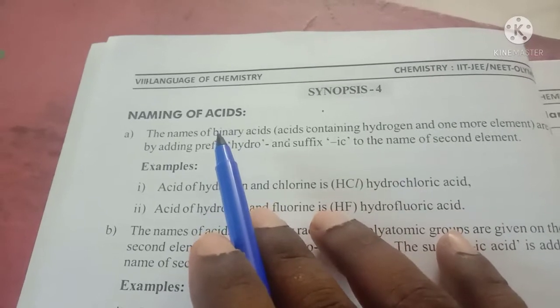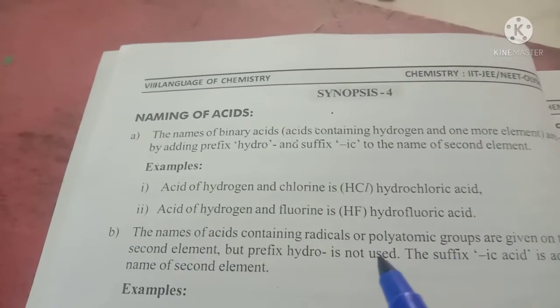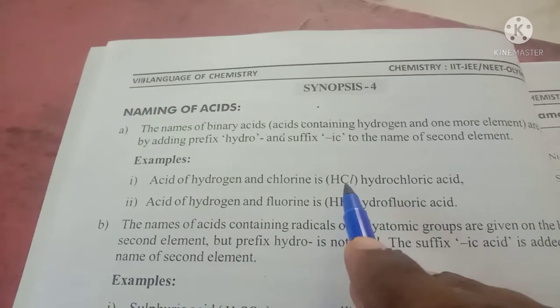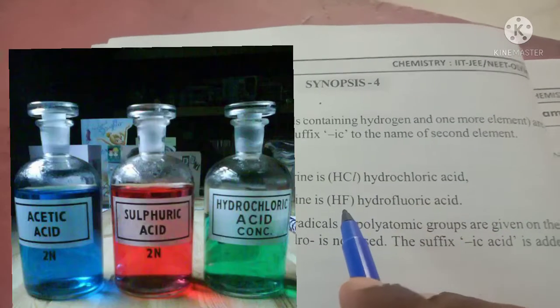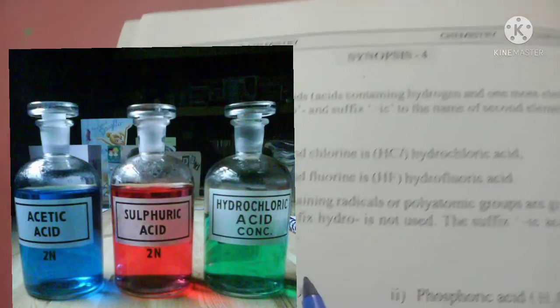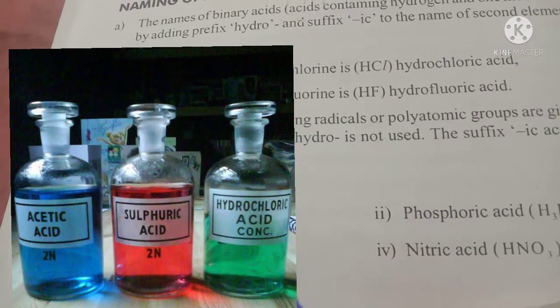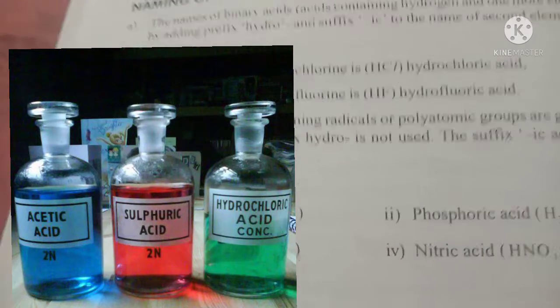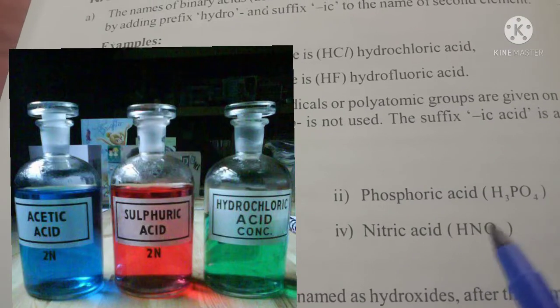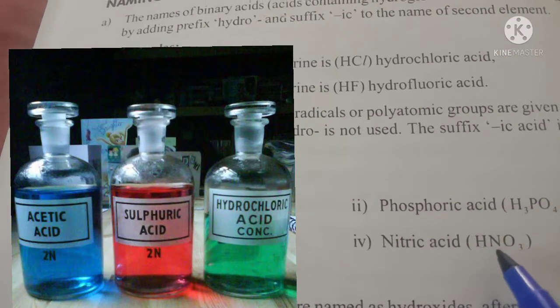So how to name these acids? First of all, see here: HCl is an acid, HF is an acid, H2SO4 is an acid, H2CO3 is an acid, H3PO4 is an acid, HNO3 is an acid.